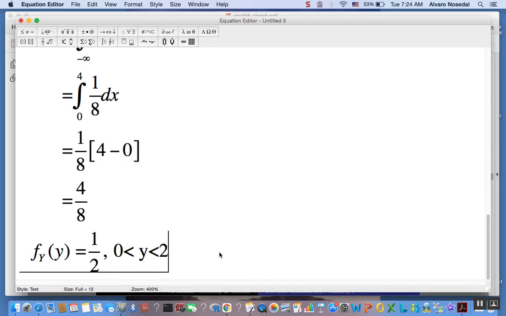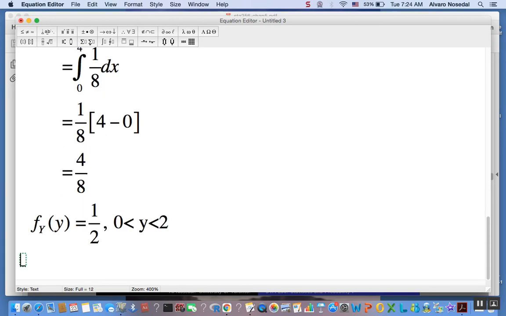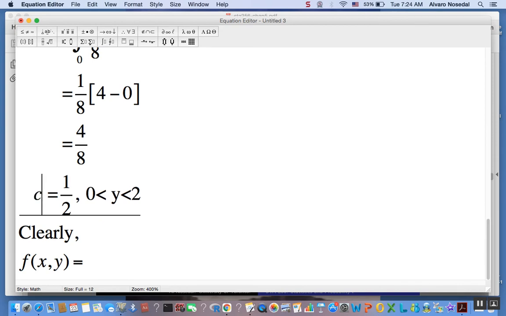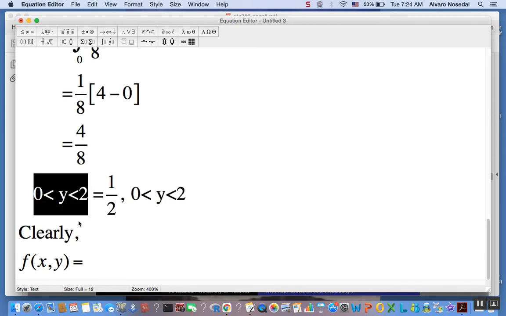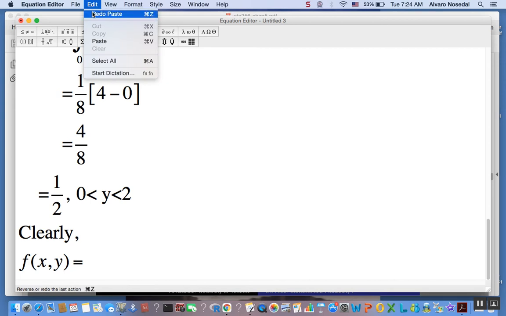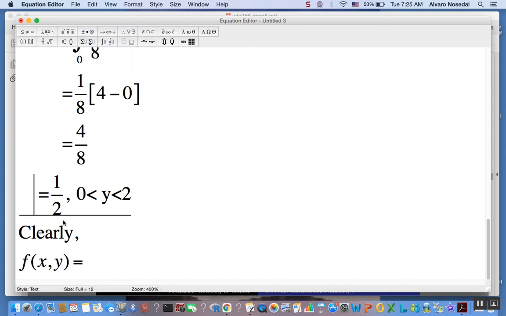So since in this case, right, let's just say clearly the joint equals, oops, sorry, let me undo that. Let me rewrite that here.